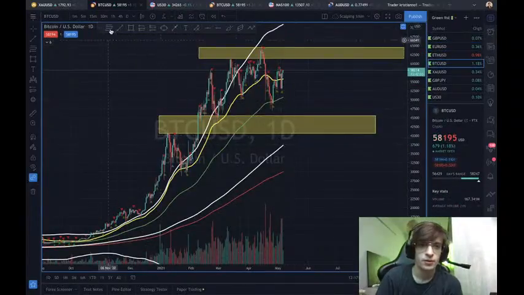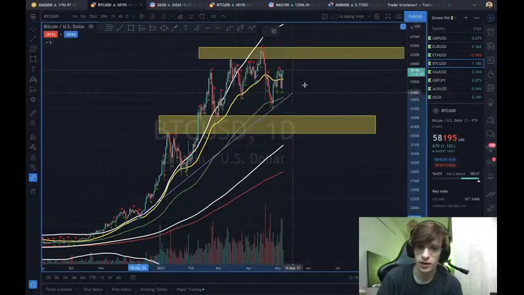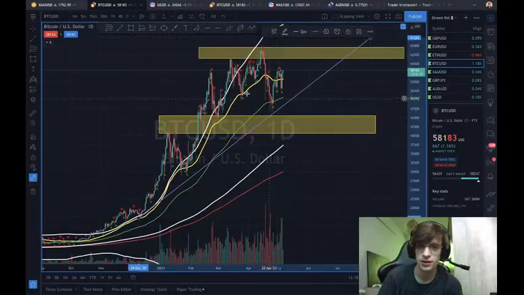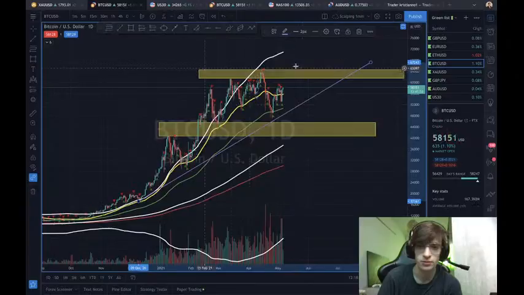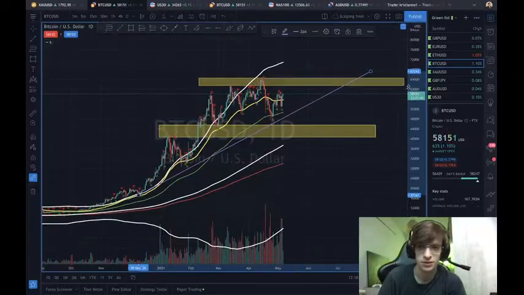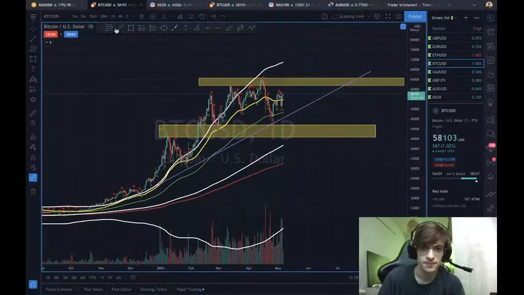Yep, it's obviously forming higher highs and higher lows. Except of here, it could be a falling wedge and continue being bullish. It probably will because it's Bitcoin.